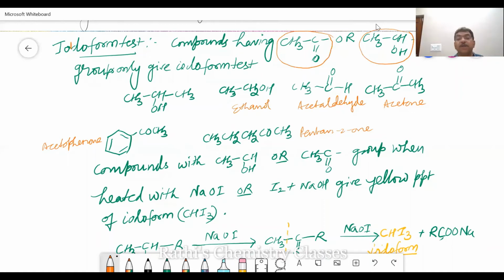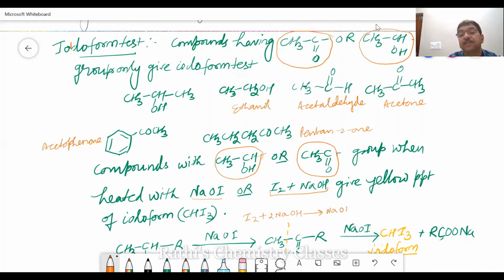Whenever a compound having a CH3CHOH group or a CH3CO group is heated with NaOI, sodium hypoiodite, or I2 plus NaOH, a yellow precipitate of iodoform is obtained. What happens in this? If we are using I2 plus NaOH, then I2 and NaOH react together to give NaOI, which is the reagent here.